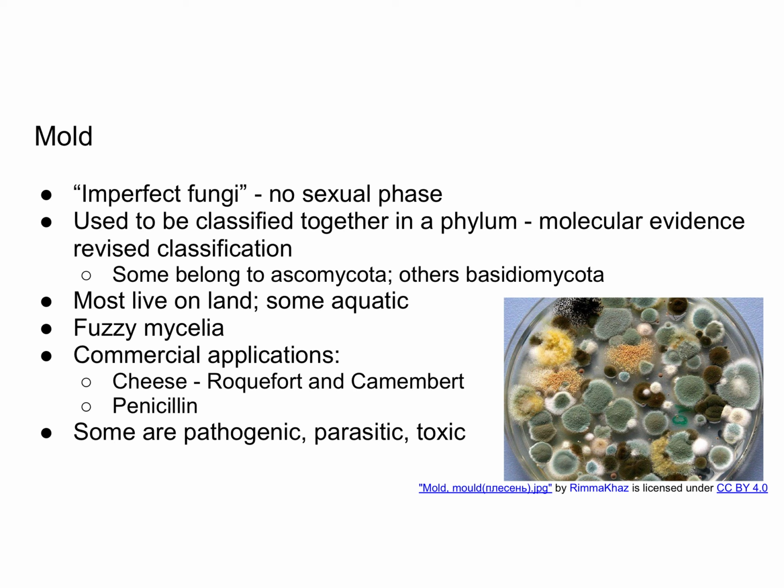So these fungi that are collectively known as mold, some species are in Basidiomycota, which is the fungus that we're talking about in this video, but some belong to Ascomycota, which we covered in a separate video. With mold, most live on land, but some are aquatic. And we should go back to this first bullet point that I skipped over. Mold are referred to as imperfect fungi, which means that they don't have a sexual phase, so they only reproduce asexually.